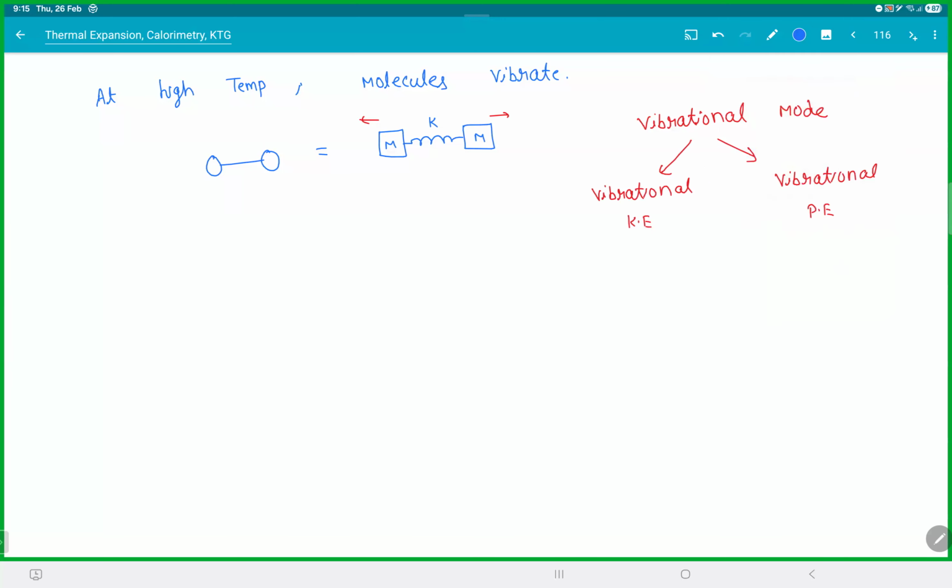So one vibrational mode has 2 things. So if you have n vibrational modes, that will imply you have 2n vibrational degrees of freedom.